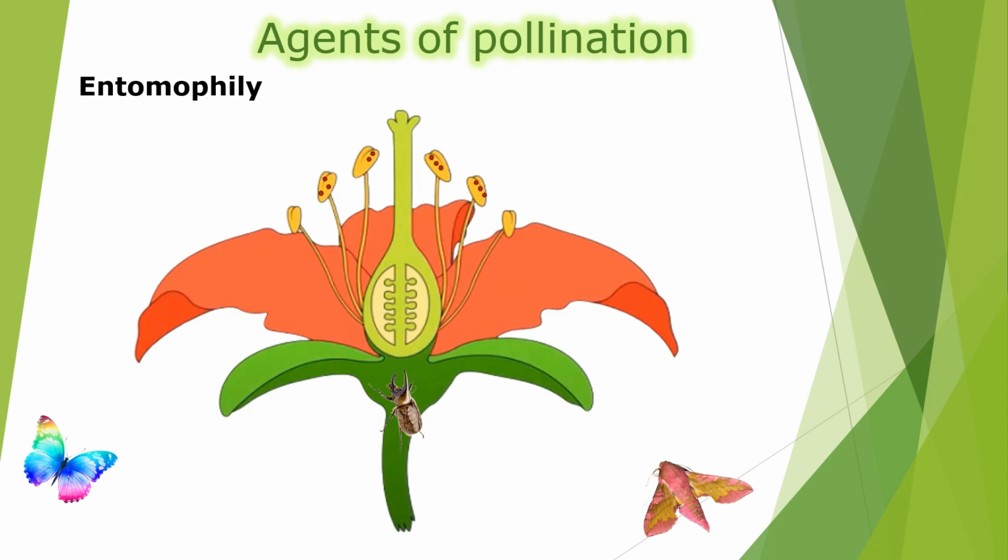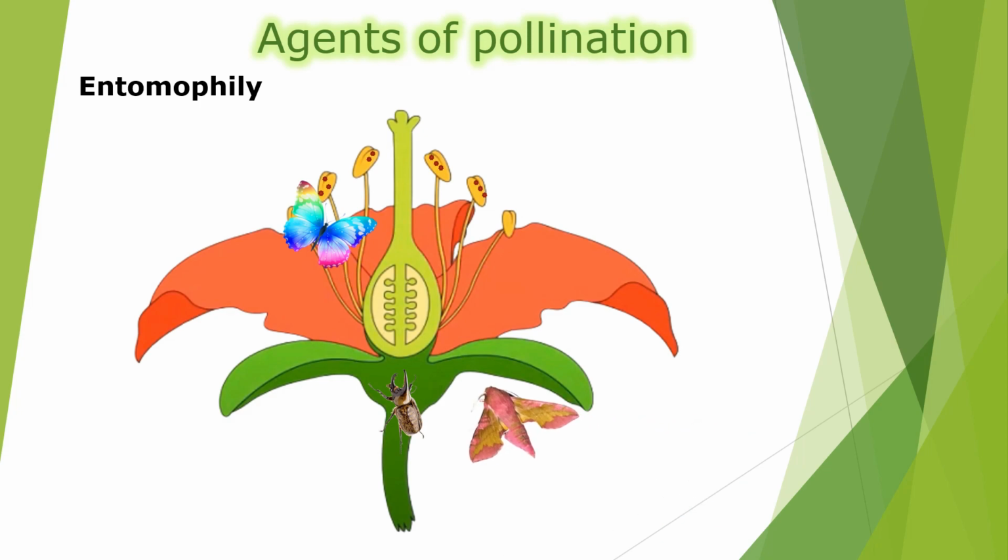Plants have evolved to get help with pollination from a number of external agents. For example, you have butterflies, you have different moths, and you have beetles. So the kind of pollination that is assisted by different insects is called entomophily.